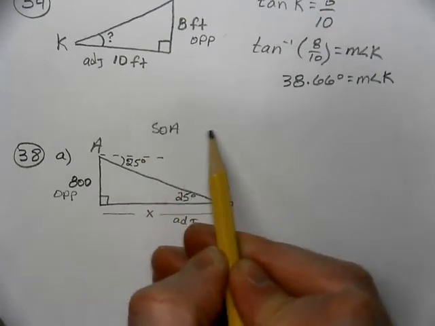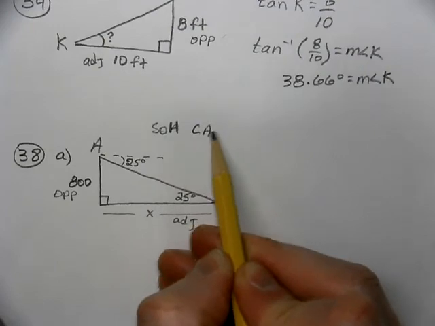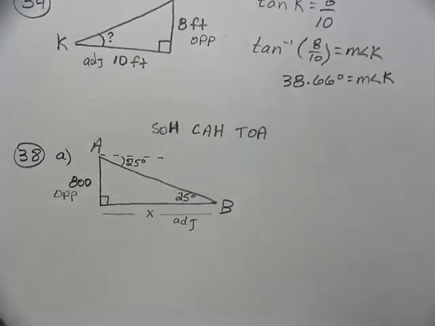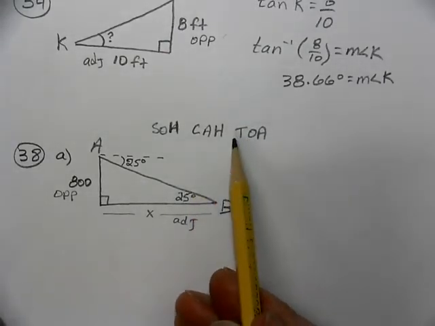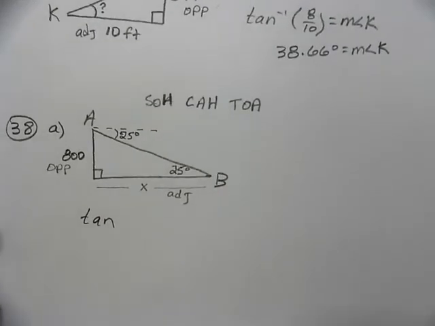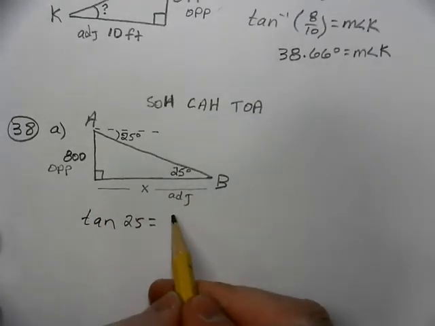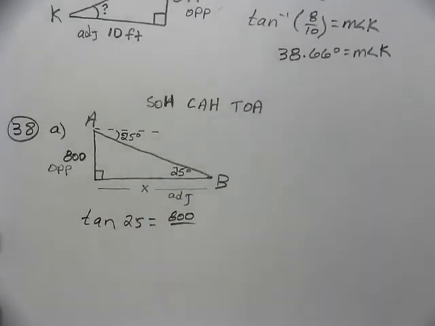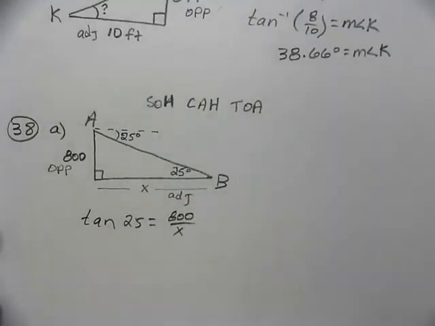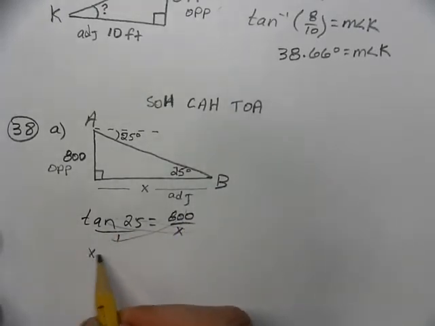And using the concept of SOHCAHTOA, we see that opposite and adjacent is tangent. So we're going to use tangent of 25, and that equals our opposite side over the adjacent side, which is represented as x. Cross multiply.